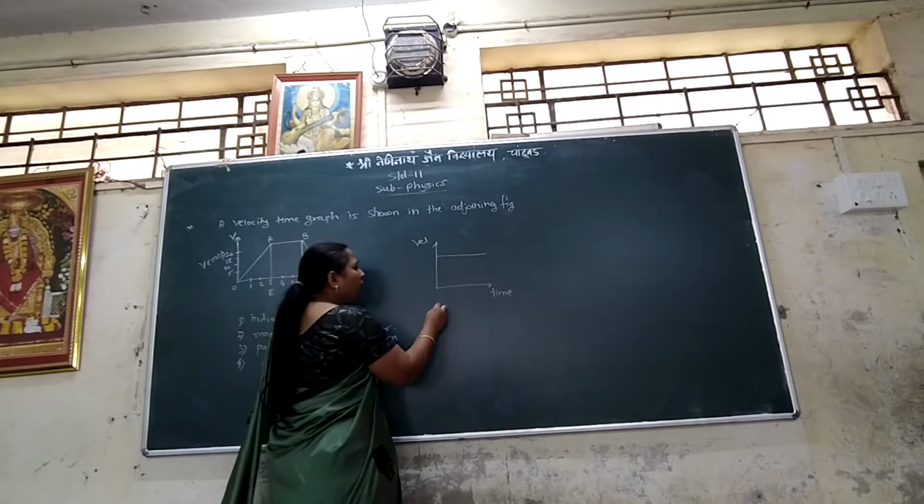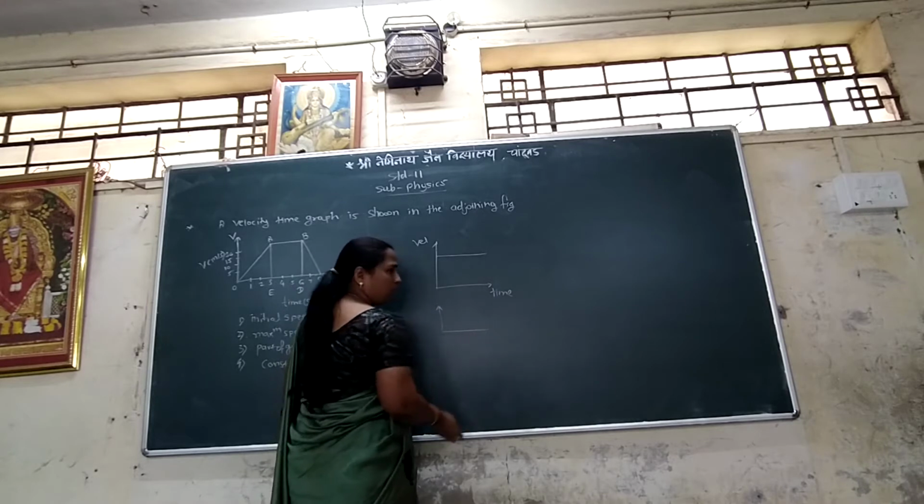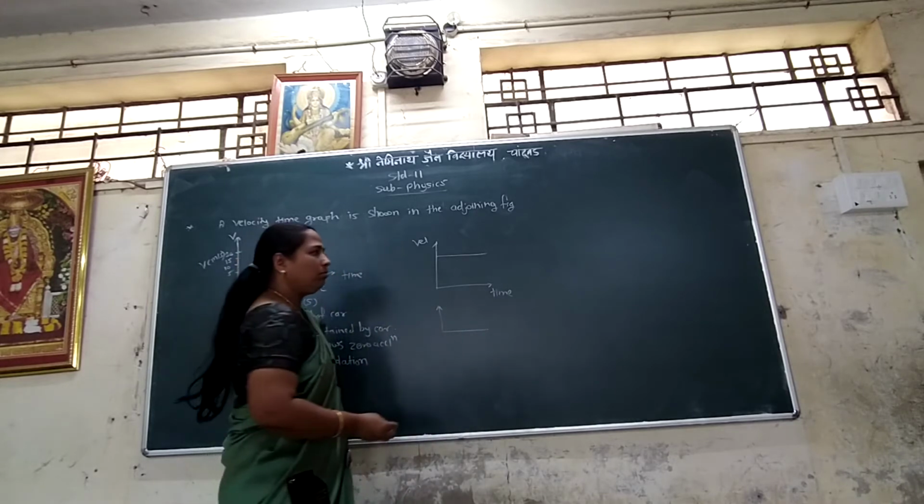When an object moves in oscillatory motion, the graph is a zigzag line.